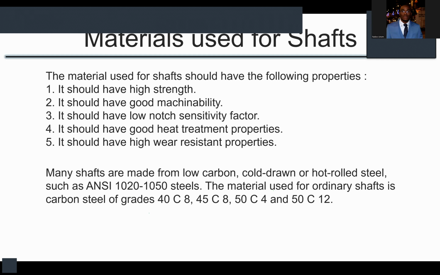Now, ANSI stands for American National Standards Institute. Sometimes in some places they will call it AISI instead of ANSI. ANSI is the American National Standards Institute, but AISI is the American Iron and Steel Institute.